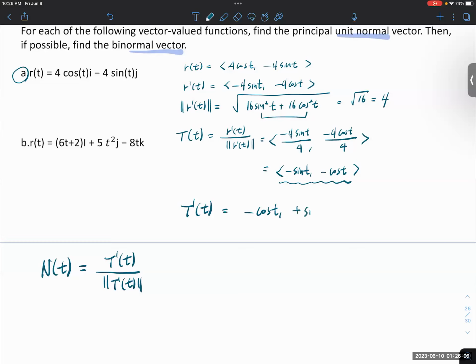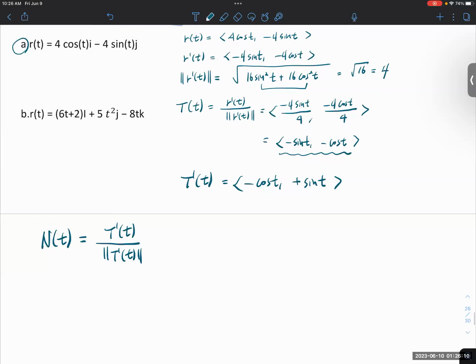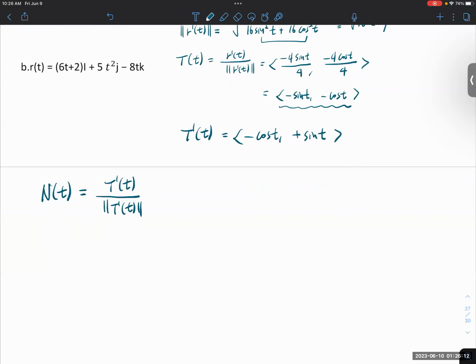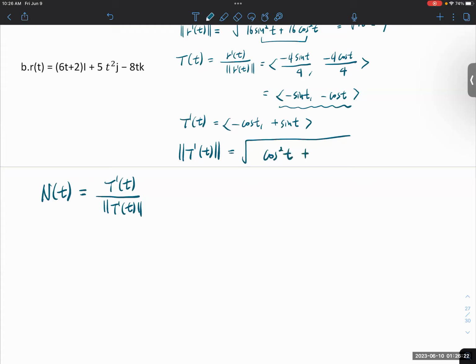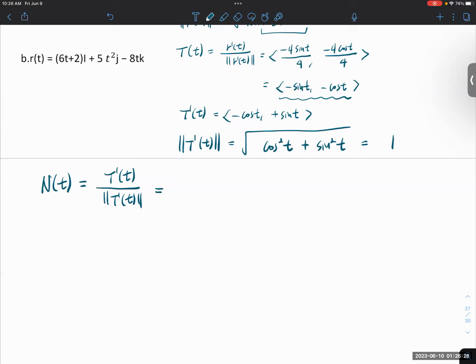So positive sine t. Now the magnitude of it we can also find: cosine squared t plus sine squared t. It's going to be 1. So the unit normal vector is this one divided by that: negative cosine t, sine t.